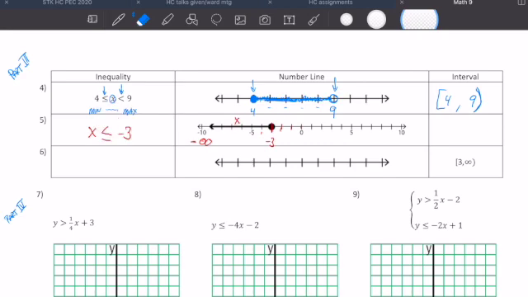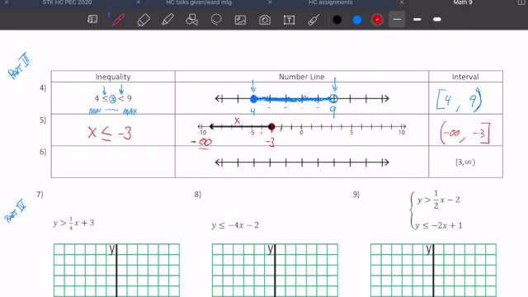Okay, then we look at the interval. And in the interval, we just take the minimum, which is -infinity, then the maximum, -3. Look and see if they're open. The arrow is always open. And the -3, it's a solid dot, so it's going to be closed.